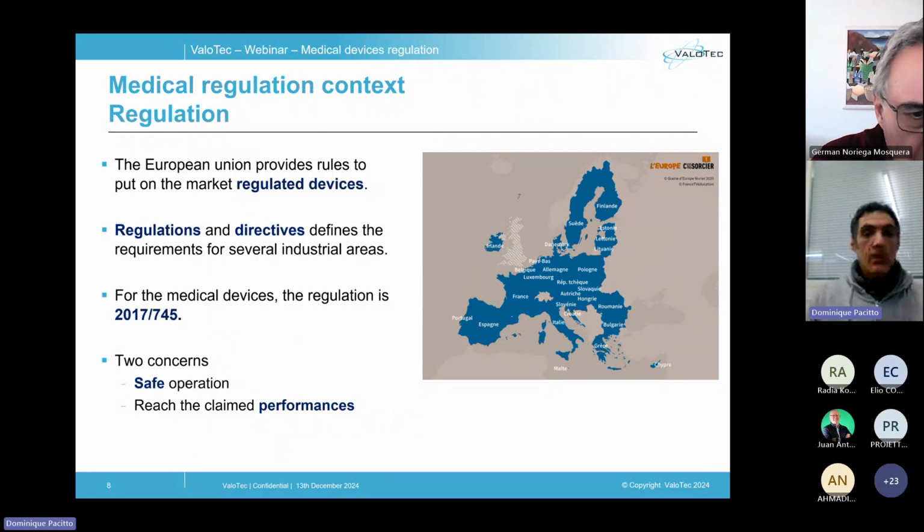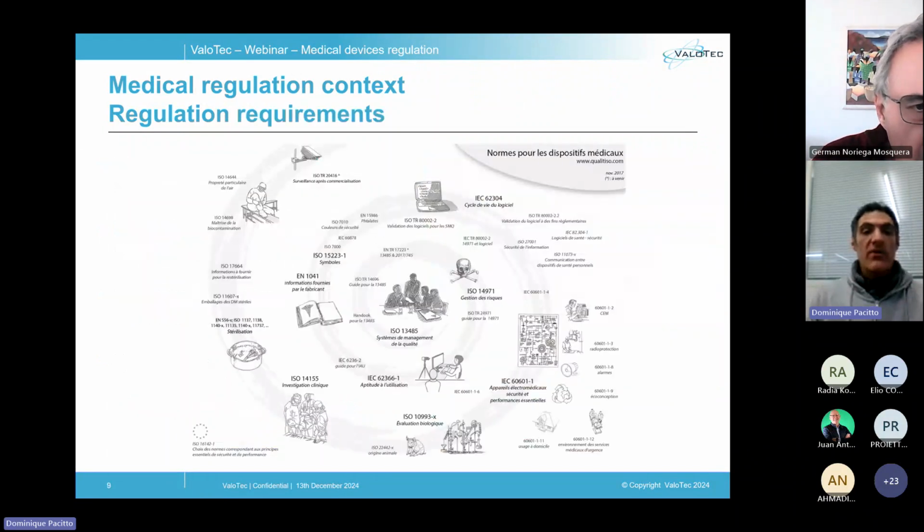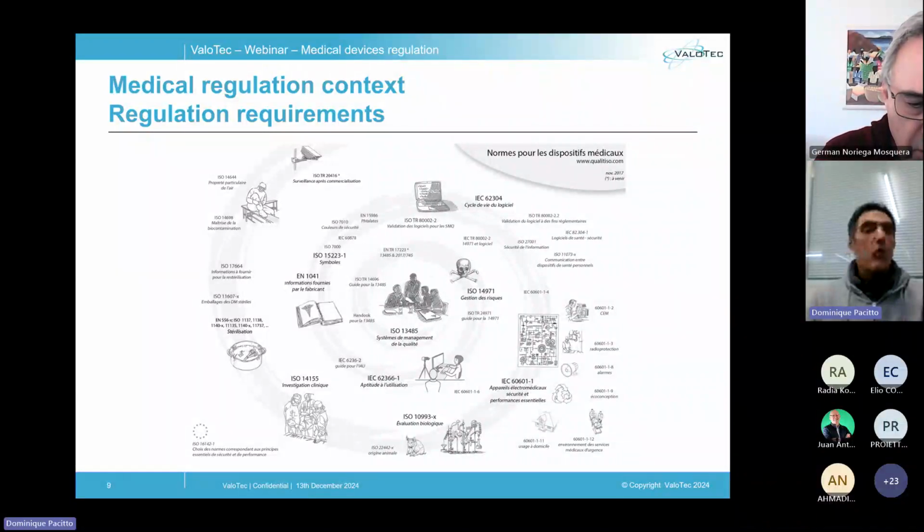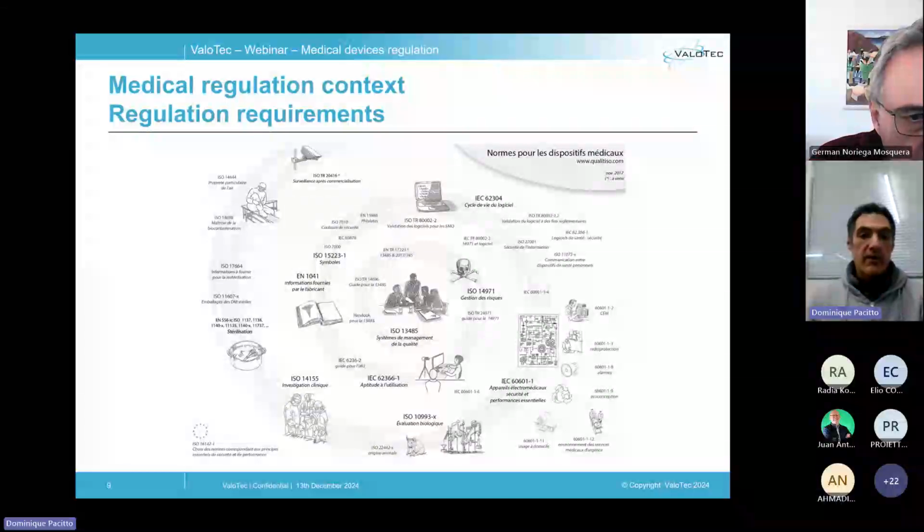We also told that these requirements are very general topics, and the most appropriate way to justify the compliance with them is using one or several standards. We also told that unlike the regulation or directives, the standards are not mandatory, but as they represent the state of the art of a topic, complying with the standard is the most valuable way to demonstrate the compliance of a device to a technical topic.